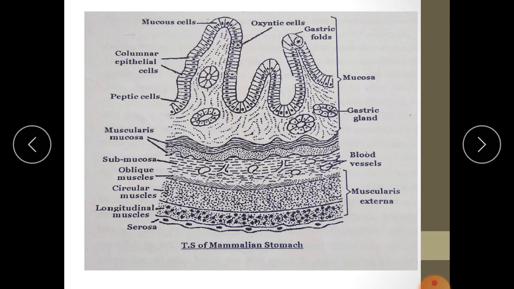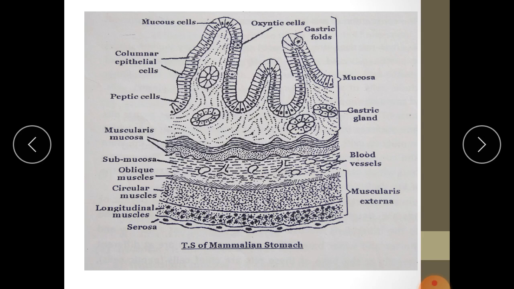So the mucous cells present in the surface epithelium produce mucus, and that mucus forms a layer outside the surface epithelium which protects the stomach wall from the HCl, hydrochloric acid.